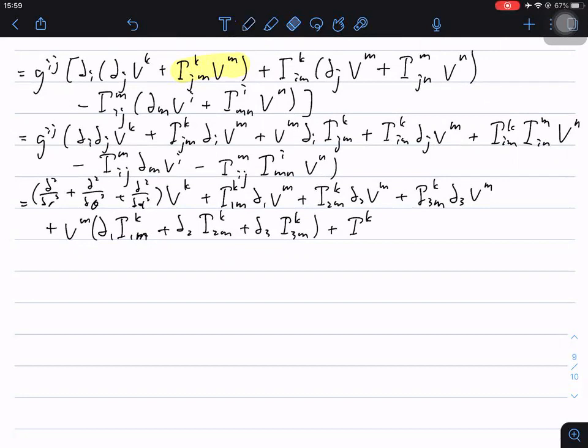And I think this term and this term are the same, so we just have to multiply this term by 2. Okay, this one should be j. And then keep summing it.